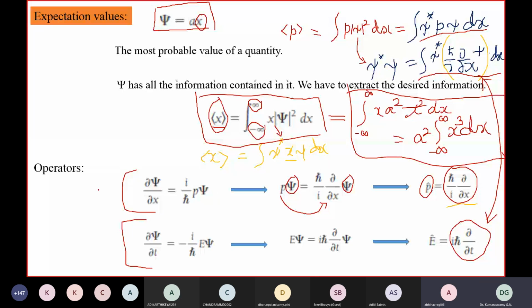That is the general wave equation. We have converted the general wave equation to the Schrodinger equation. In that step itself, we have got this also, right? Here we are equating P to h cross by i dou by dou x. So wherever we have to extract the information about P, we cannot keep P as it is. Therefore, we will have to replace it with a mathematical operation. That mathematical operation is h cross by i dou by dou x.